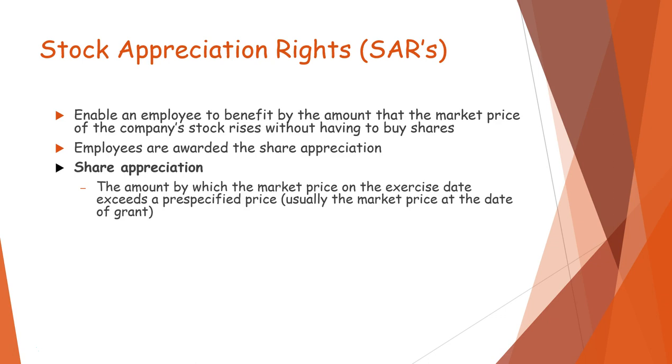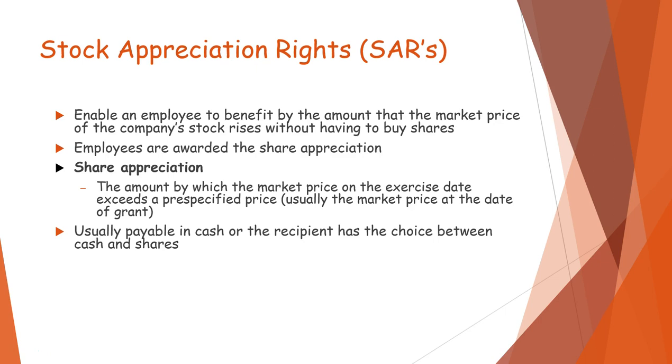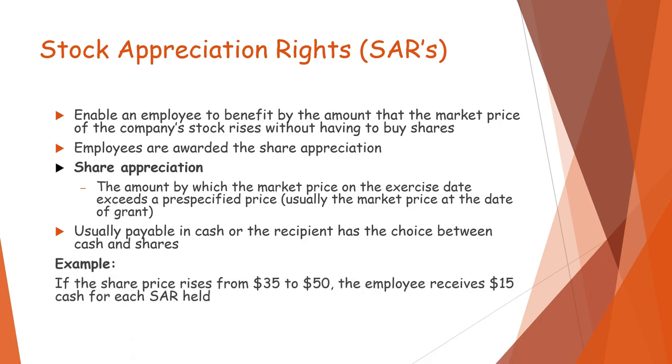That is the amount by which the market price on the exercise date exceeds a pre-specified price, usually the market price at the date of the grant, usually payable in cash, or the recipient has the choice between cash and shares. Example, if the share price rises from $35 to $50, the employee is going to receive the difference of $15.